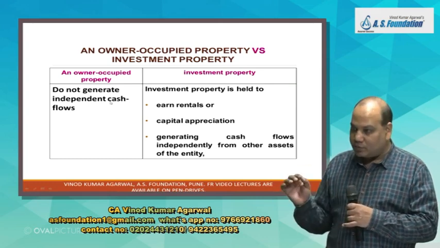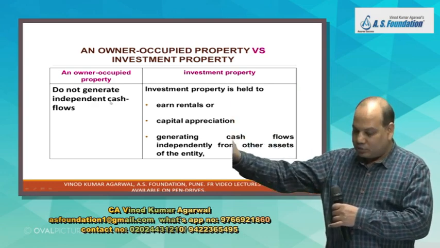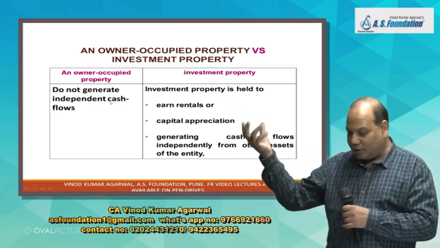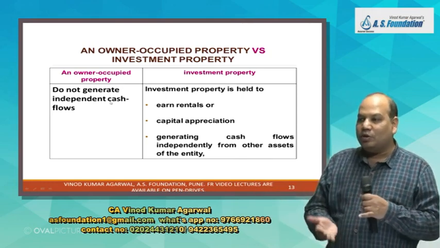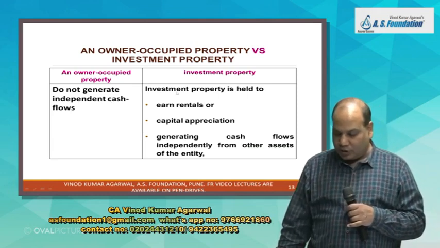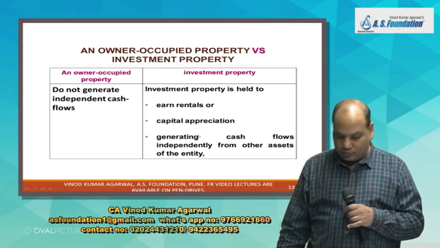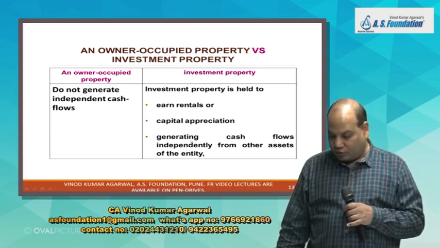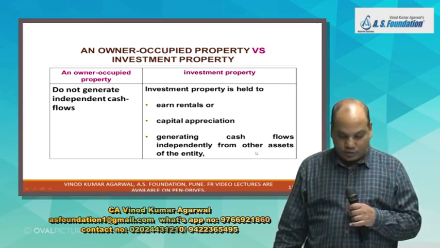But in case of investment property, there is a building which you have given on rent. So that building generates independent cash flow. It may not be dependent on other assets of the entity. So investment property is held to earn rental or capital appreciation, generating cash flows independently from other assets of the entity.